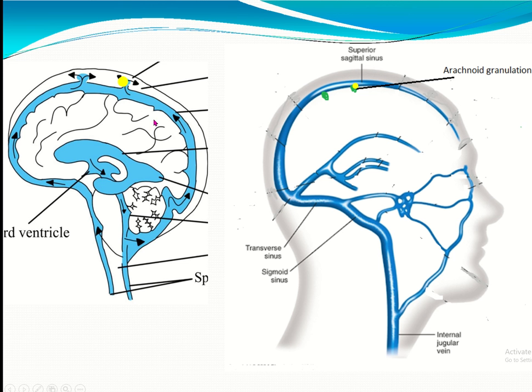So by using the arachnoid granulations, the CSF leaves the subarachnoid space and enters the superior sagittal sinus, and then it goes to the transverse sinus, sigmoid sinus, and internal jugular vein. So this superior sagittal sinus is a special type of vein. It contains venous blood and CSF.